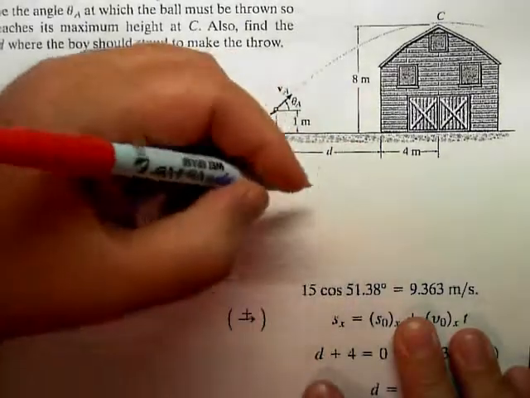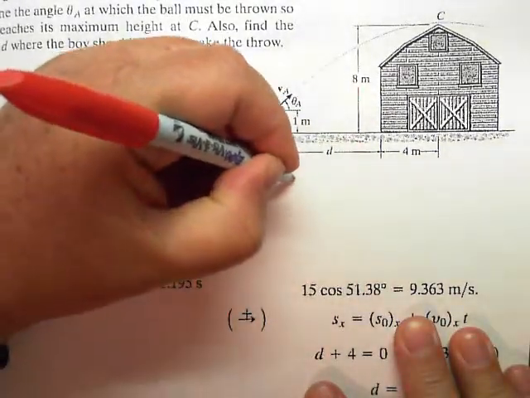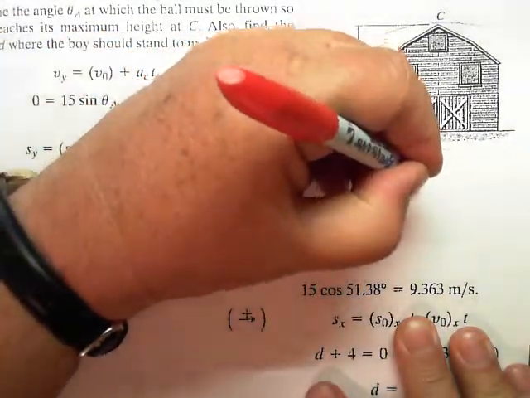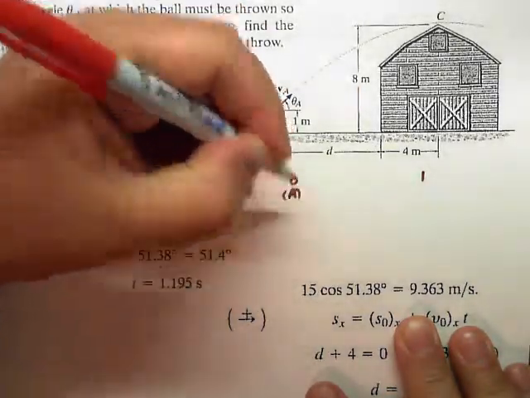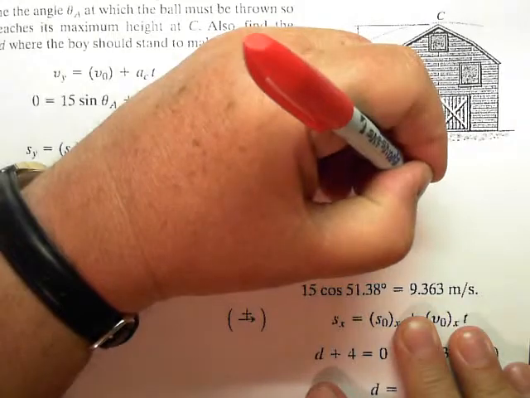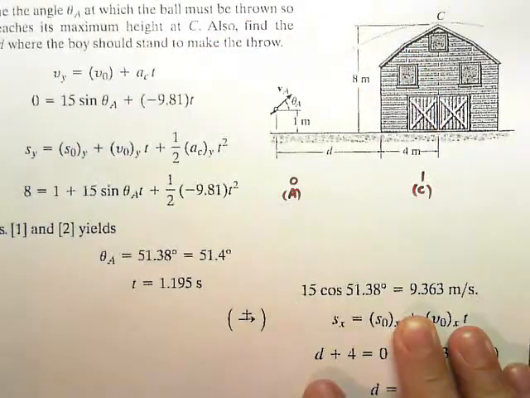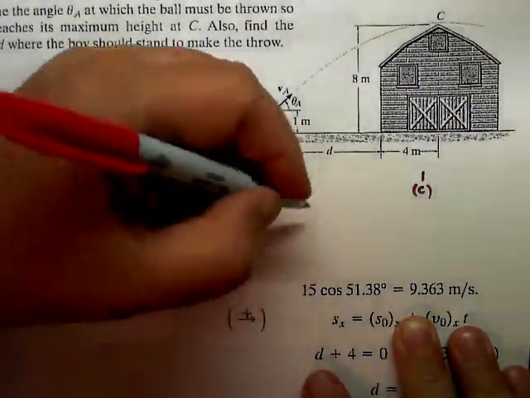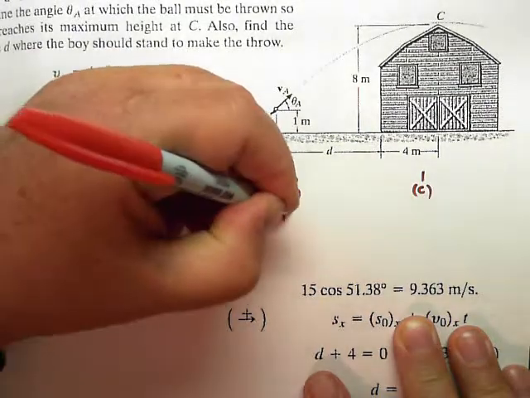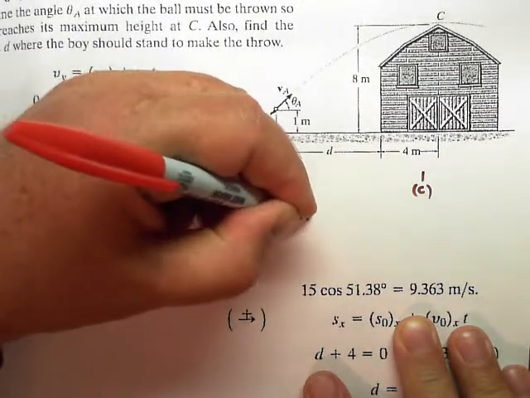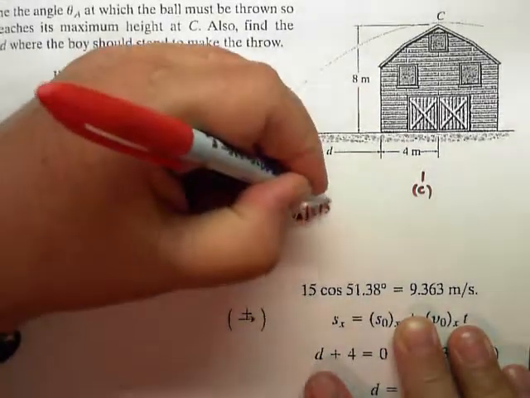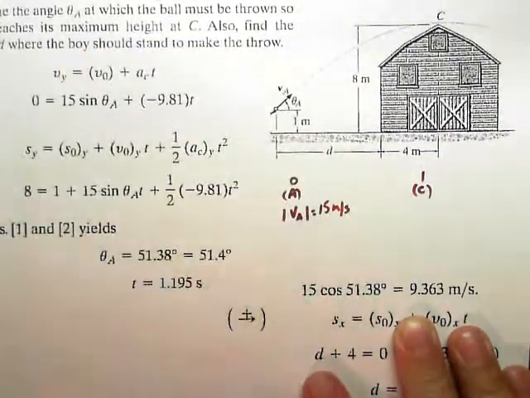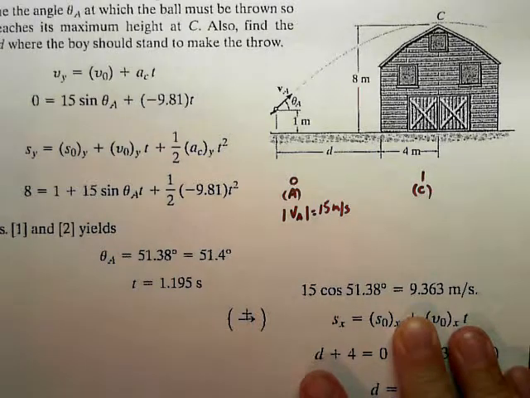Two-state problem, clearly. There's a state number 0 and a state number 1. State number 0 is at point A, and state number 1 is at point C. And at point A, we know that the speed, magnitude of the velocity, is equal to 15 meters per second. That was given in the problem statement.